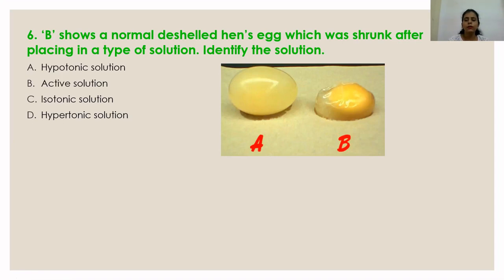So you have to identify the type of solution in which you place the egg so that the egg will lose its water. The correct answer is hypertonic solution, that is D. When you place a cell in a hypertonic solution, the cell will always lose water.